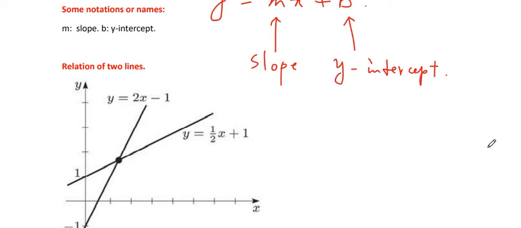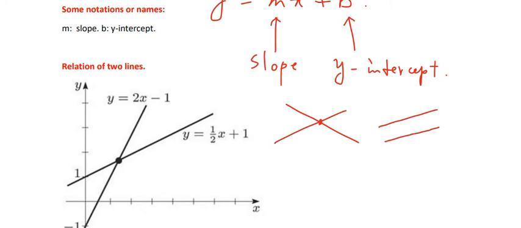So for two lines, we can check all the cases. If the two lines intersect, we say they have an intersection point, and sometimes we need to find this intersection. Sometimes two lines are parallel, so there's no intersection. And a typical situation is when the two lines are perpendicular.